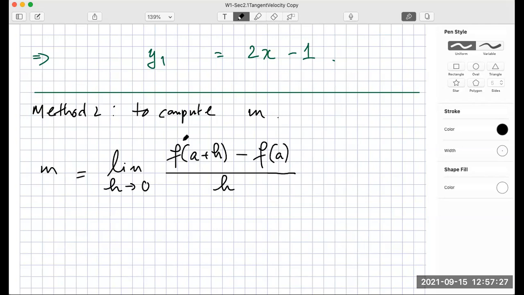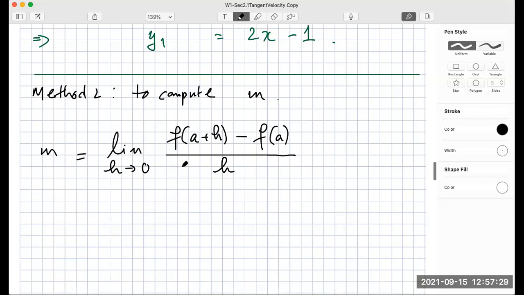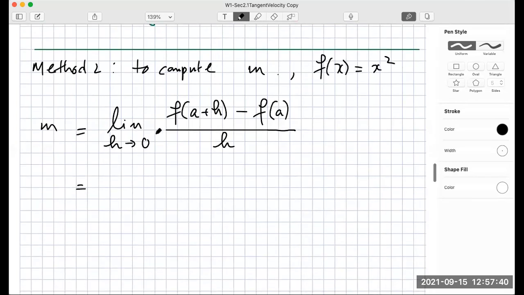And again, we can compute the previous example using this formula. The function f of x here is, remember, x squared. So then the limit here becomes what?